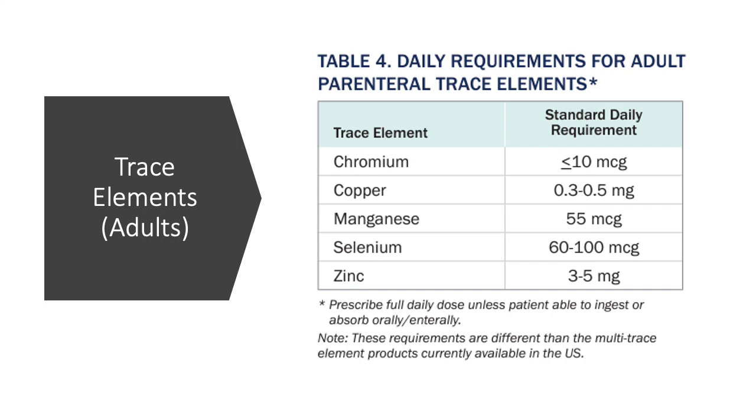For instance, right now I have a long-term TPN patient who has short gut, and she hadn't been receiving the standard multi-trace packet because of a reported allergy. And then we drew her trace elements most recently. Copper came back low, so now she was agreeable to trying the standard multi-trace element packet, and so far no adverse reactions, but I'm also giving an extra copper dose for repletion on top of that.